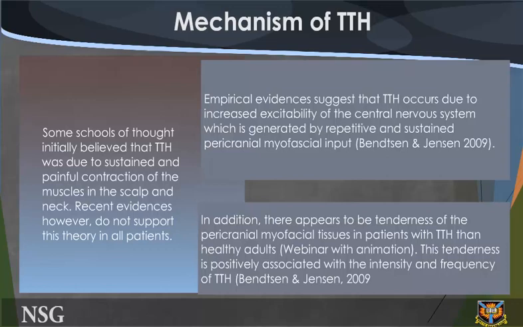(Benson and Jensen, 2009). In addition, there appears to be tenderness of the pericranial myofascial tissues in patients with TTH than in healthy adults. This tenderness is positively associated with the intensity and frequency of TTH (Benson and Jensen, 2009).